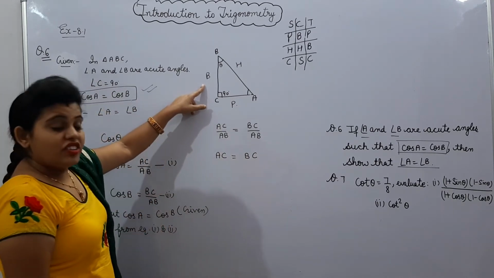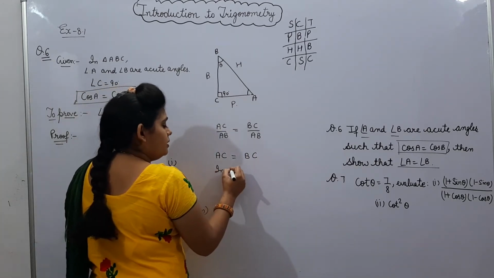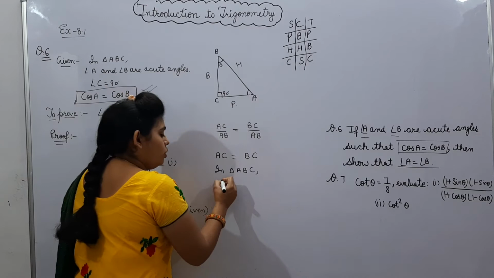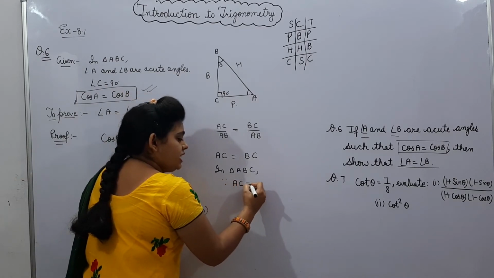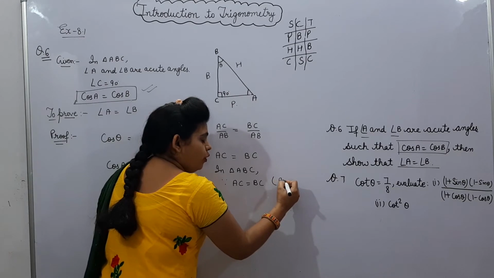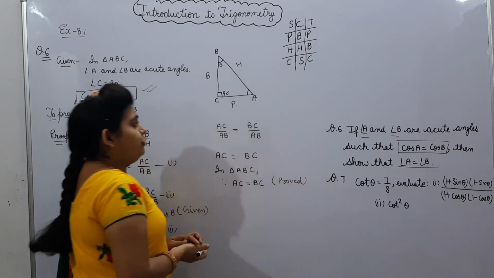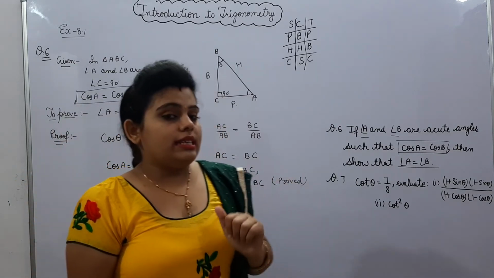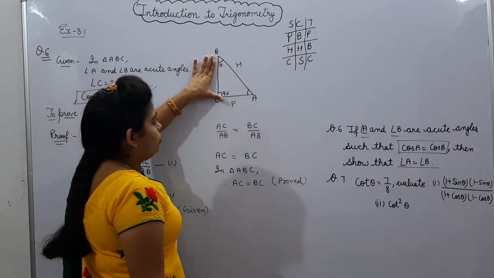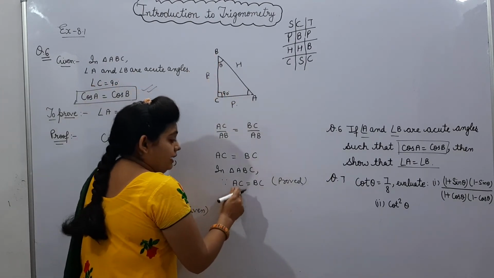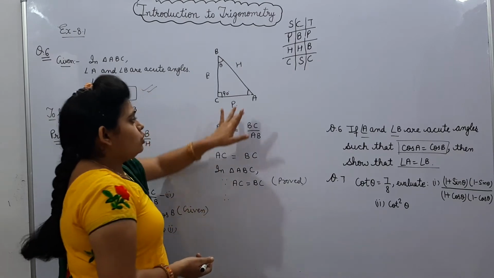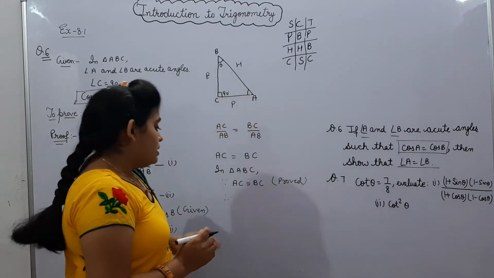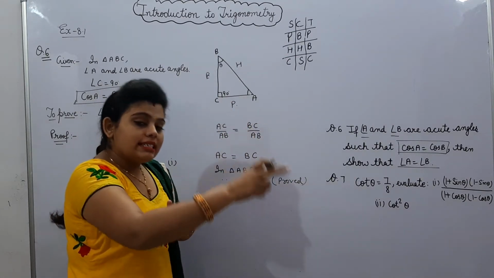Now come to the triangle. In triangle ABC, what we have proved, because AC is equal to BC, and this we have proved above, these two sides are equal, then angles opposite to equal sides are equal.